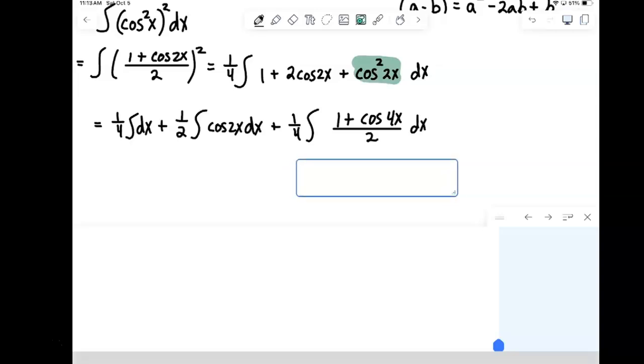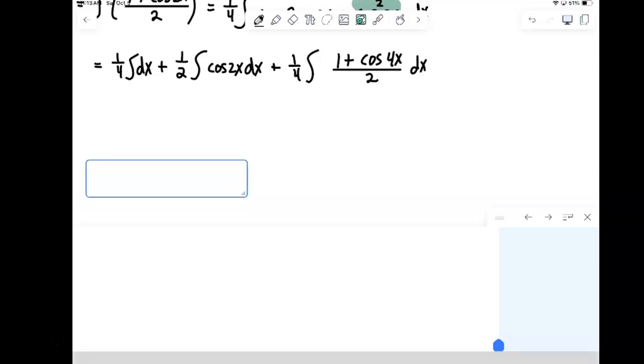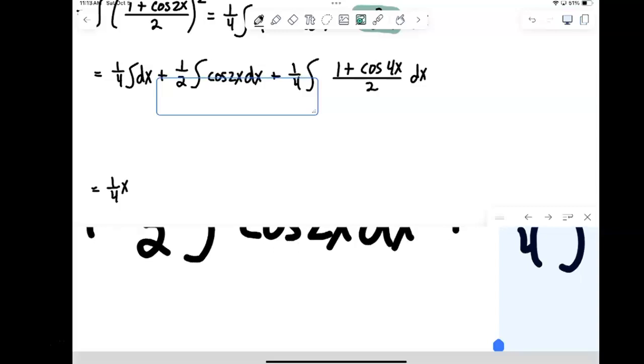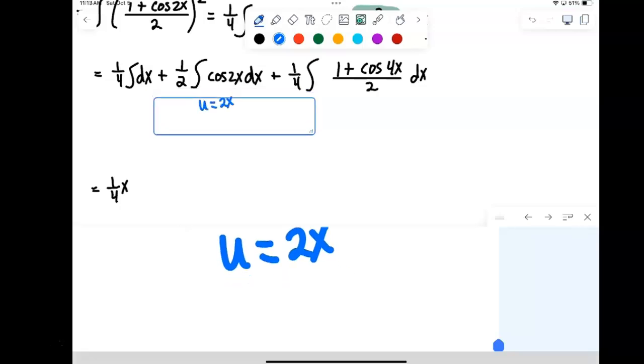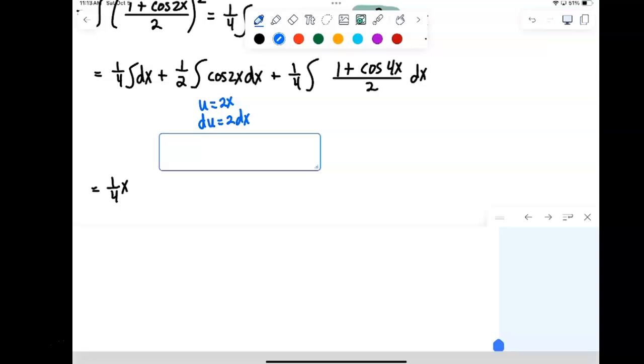So let's just go through here. I'm going to come down a little bit and start working out what I know. The integral of dx is just x, so that'll be just 1/4 x. For cosine 2x, we have to do substitution. Let u be the inside piece, 2x. du is going to call for a 2 to go with our dx.